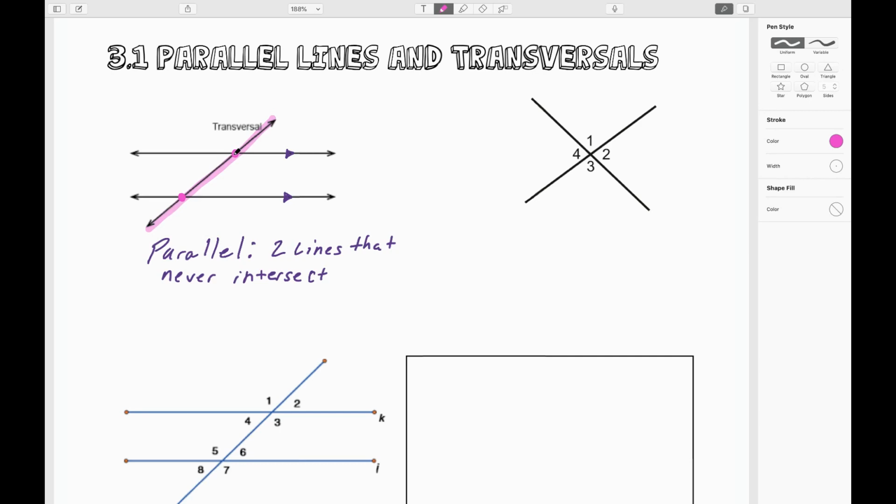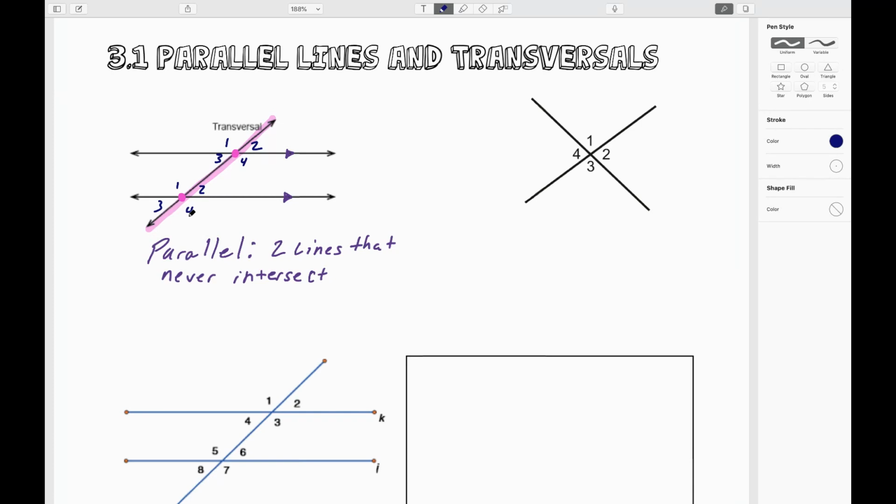If we really wanted to get technical, it's more than four, but we're not going to do that. So we've got 1, 2, 3, 4 angles here, and 1, 2, 3, 4 angles here. That's the result of having two parallel lines cut by a transversal.